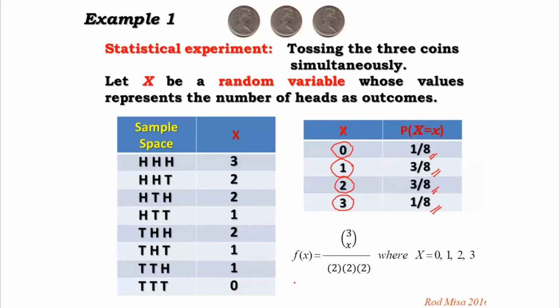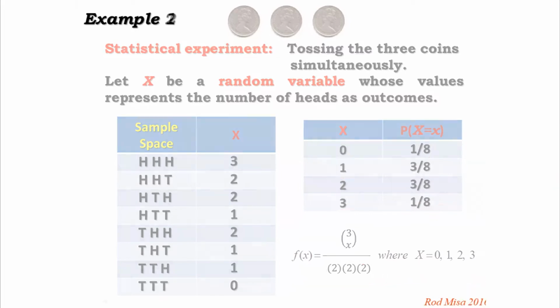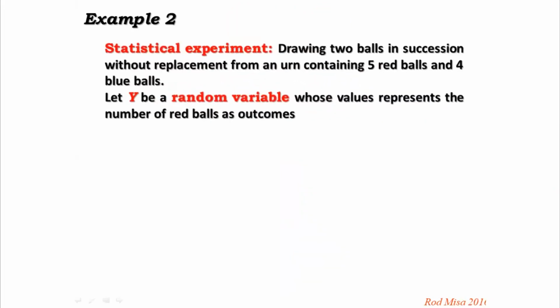Hence, this formula is a representation of a probability distribution because it contains the values of the random variable and its corresponding probabilities, which is represented by f of x. Now, let's proceed to our second example here.